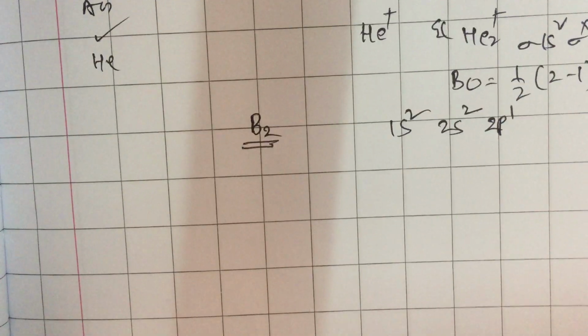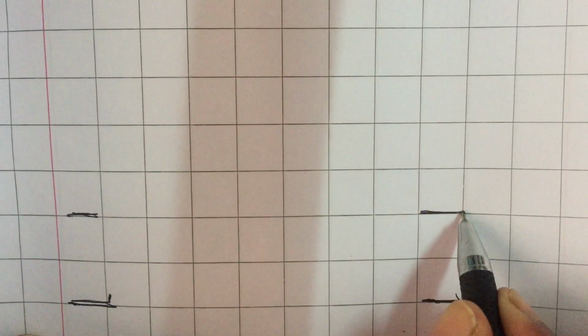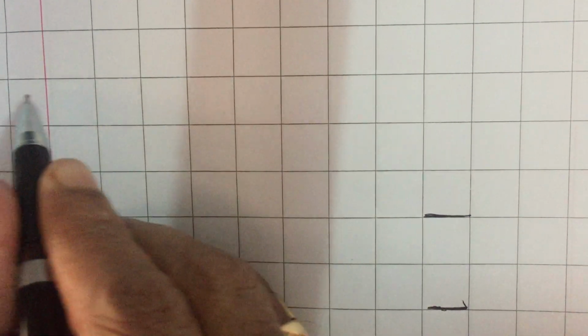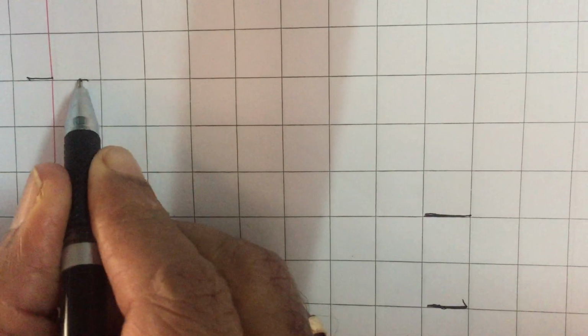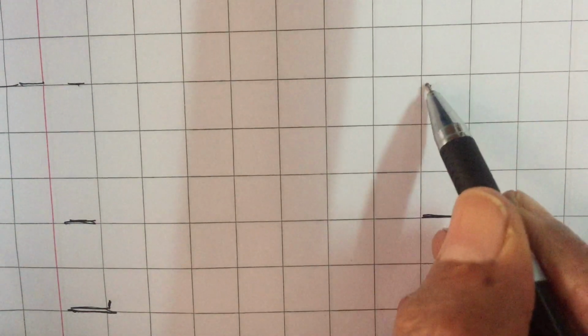Now I will be writing 1s, here 1s orbitals, it is the 1s orbital of another boron, and this is the 2s orbital of another boron, and these are 2p orbitals, 2px, 2py, 2pz. Similarly, I can write here 2px, 2py, 2pz.